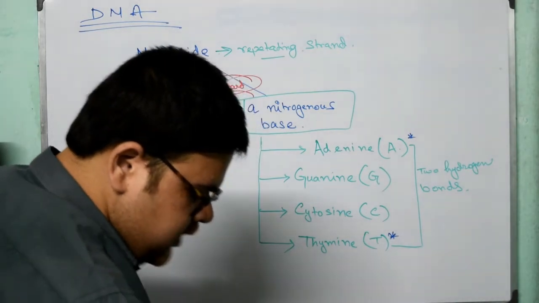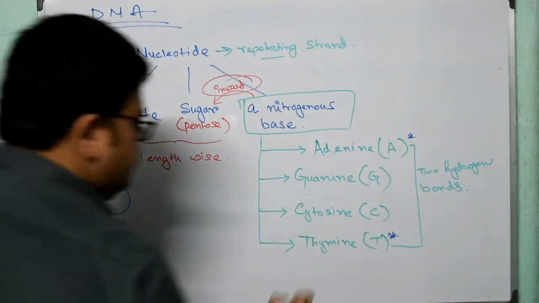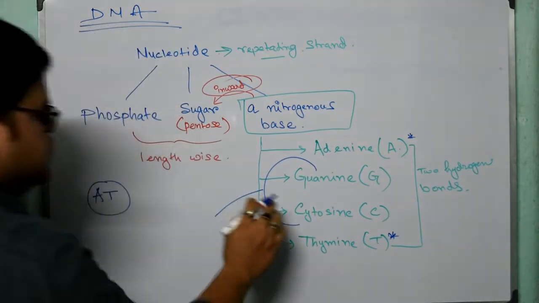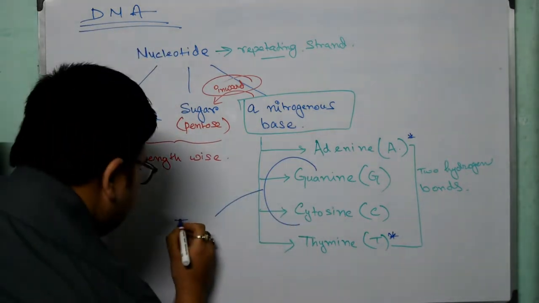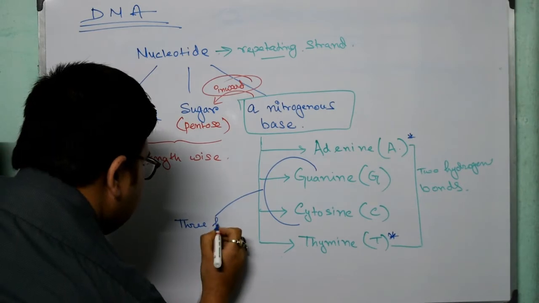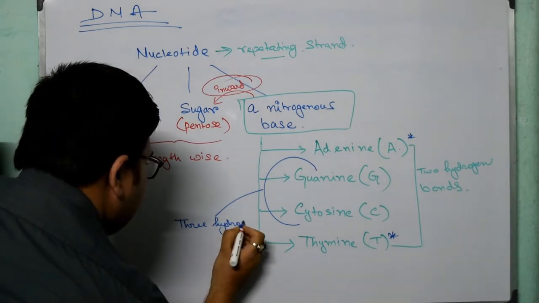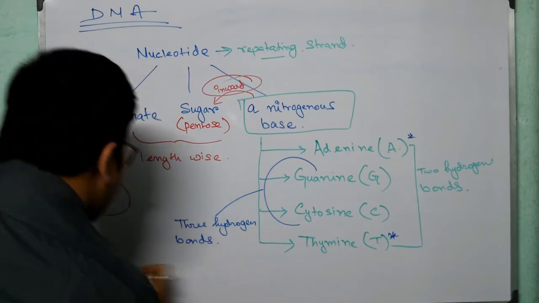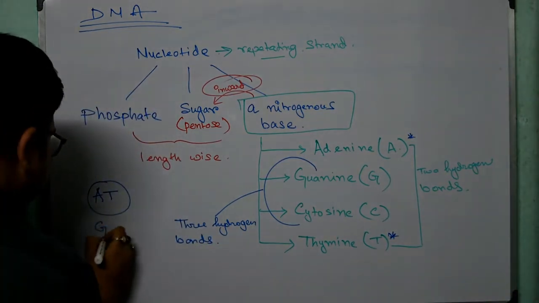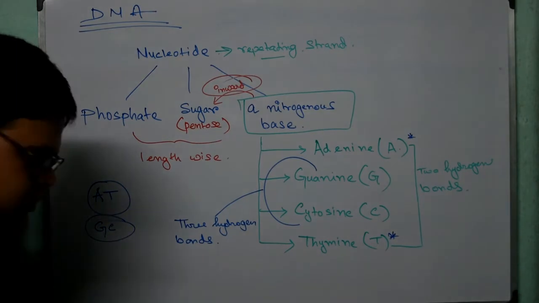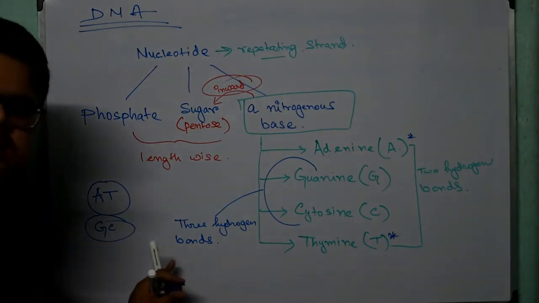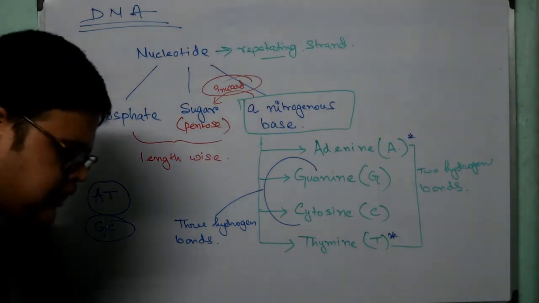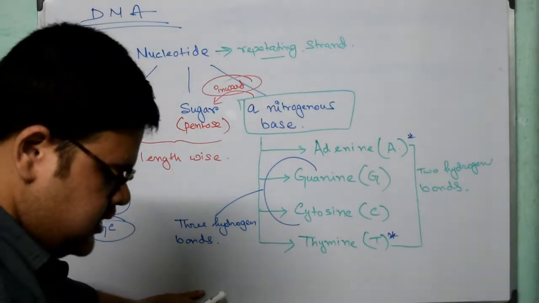Guanine pairs with cytosine with 3 hydrogen bonds. Now these two pair with each other with 3 hydrogen bonds, and we can call it GC. I hope you are able to understand what DNA is.